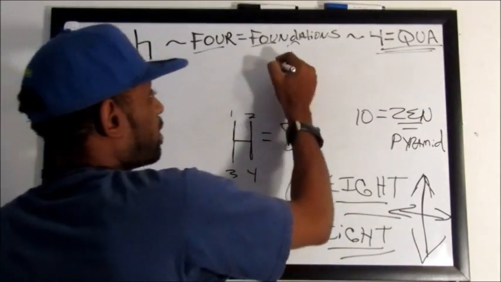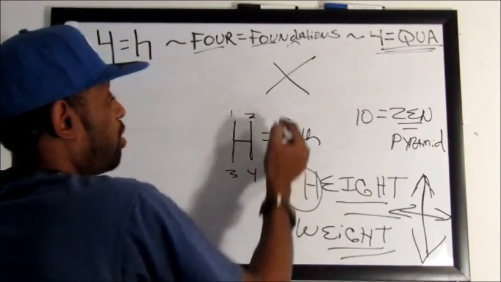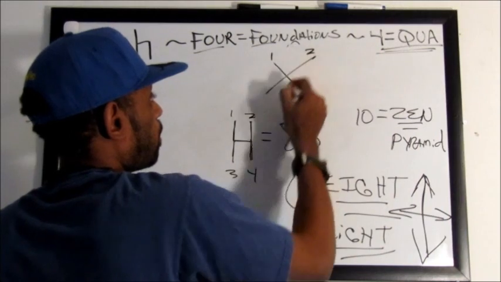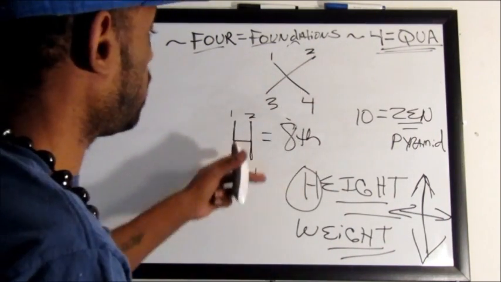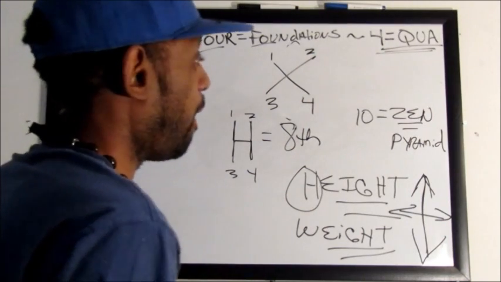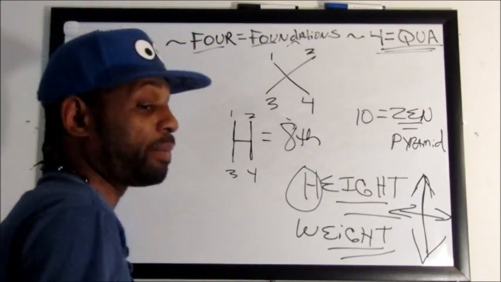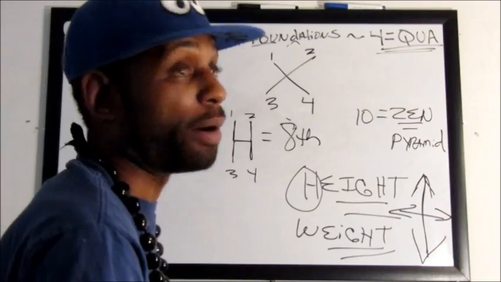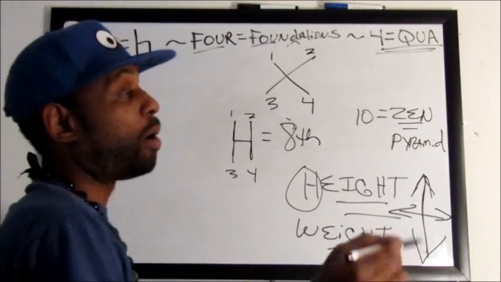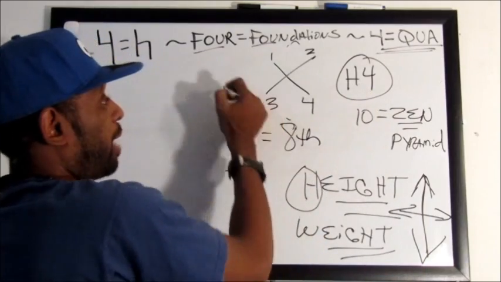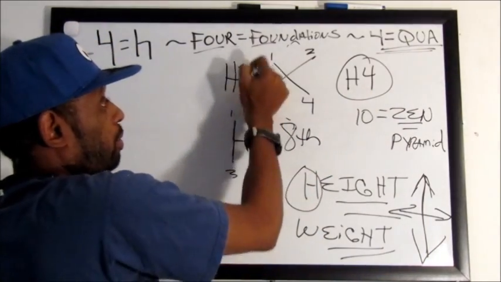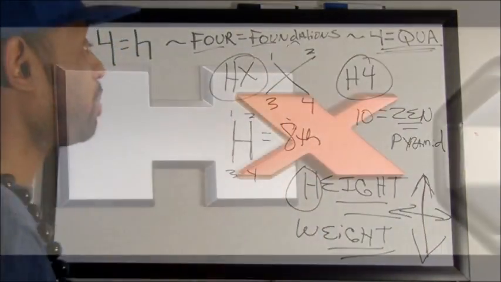That's important because X is also H. X is 4-pointed, just like the H. And you can see this same concept that the car company Hummer used, the H4 Hummer. They call it the H4. They don't write it like that. They write it like this. Because X means 4.